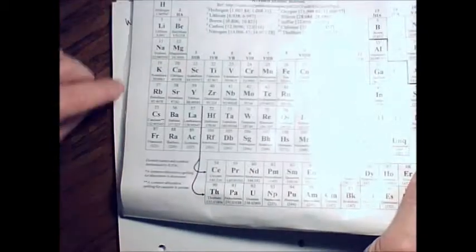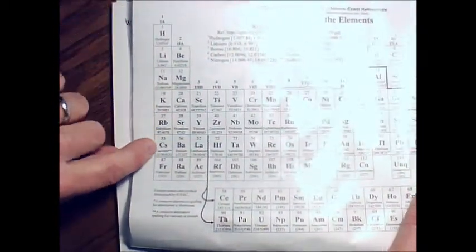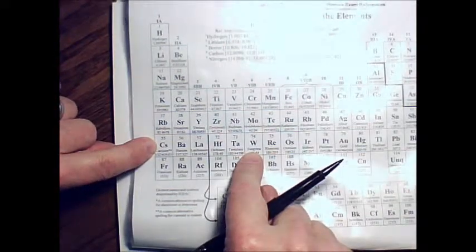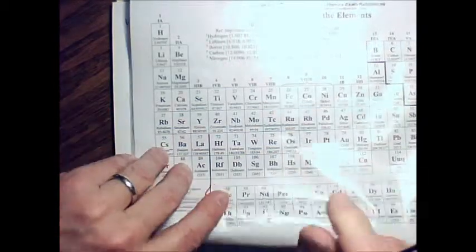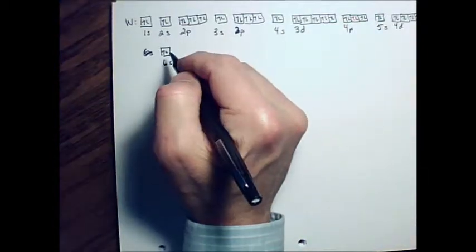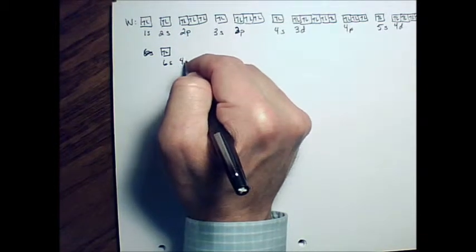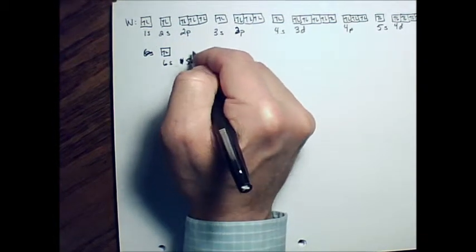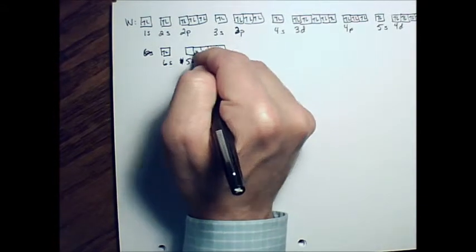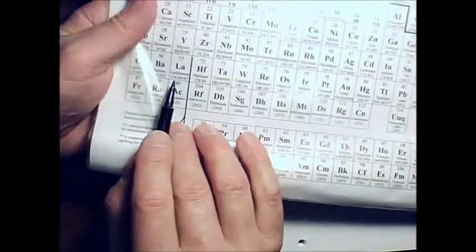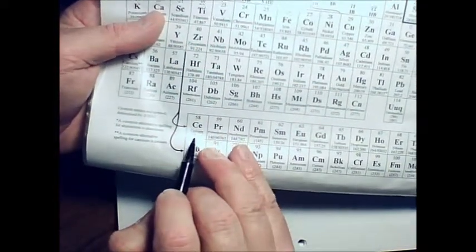Alright, so right now, 1, 2, 3, 4, 5, 6. I'm right here and I'm trying to get to right here. So we're starting with cesium here. Cesium and barium, and then we're going to go to 5D. I'll put one electron in there for lanthanum, and then I've got to go down to 4F where I start cerium.